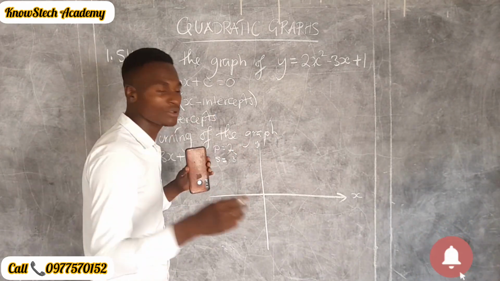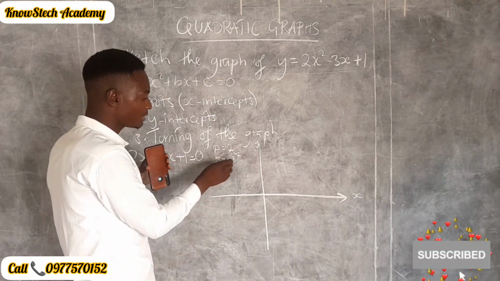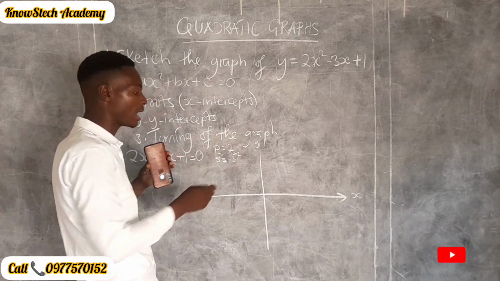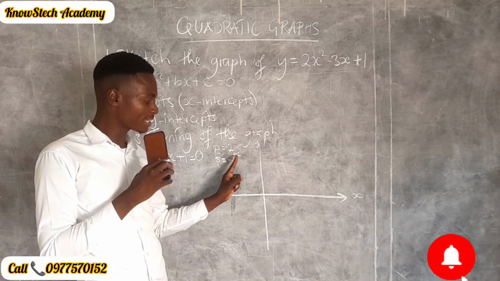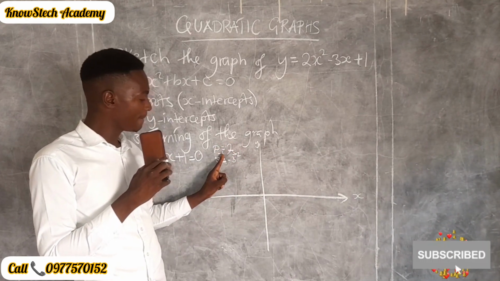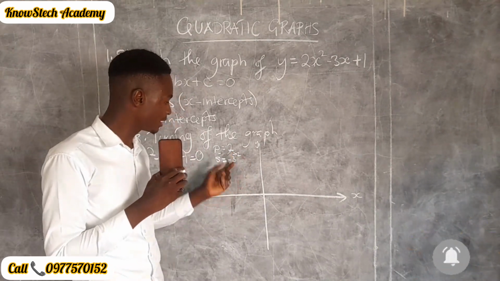Two factors of 2 are only 1 and 2 itself. And for the fact that the product is positive and the sum is negative, it means that both numbers are negative, because -1 times -2 is +2, and -1 plus -2 is -3. So these are the factors.